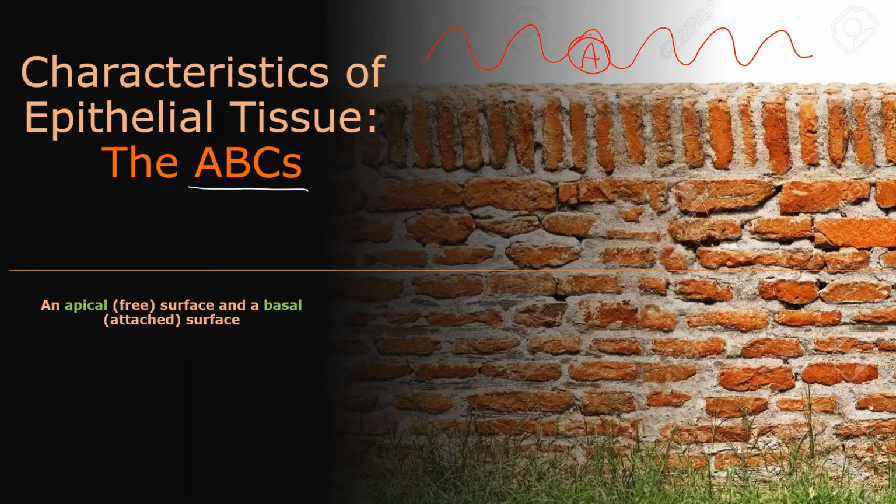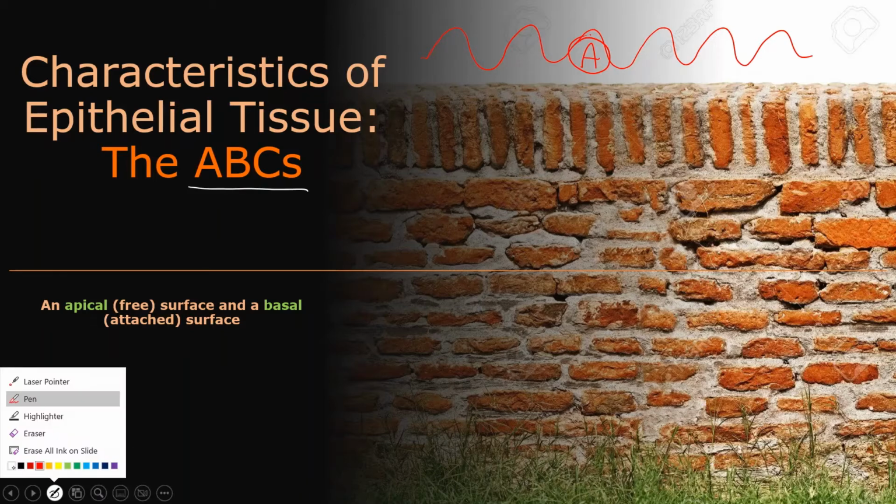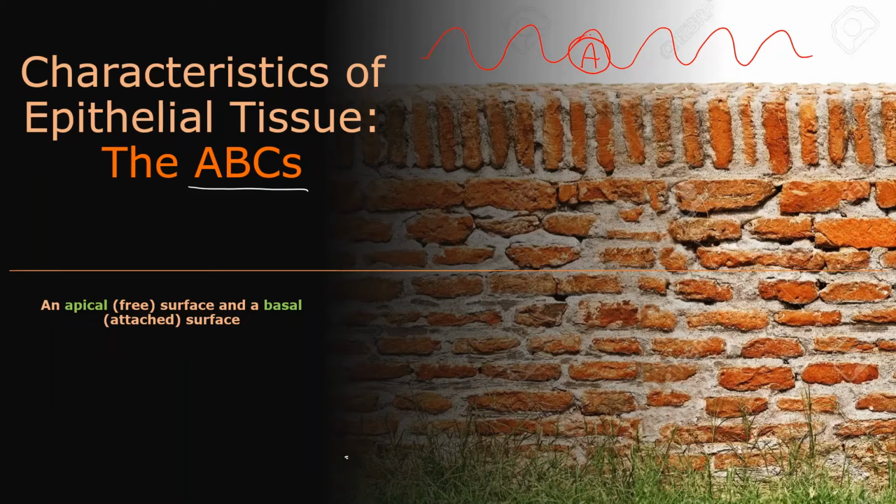And then counter to that, B would be, we're looking for something at the bottom. So if I change my pen back to white, I can clearly see down here is the bottom of my brick wall.